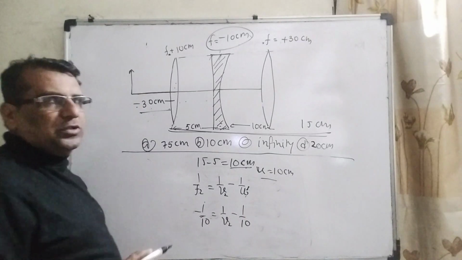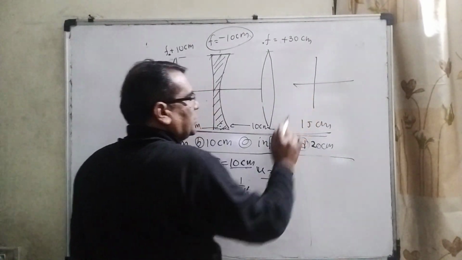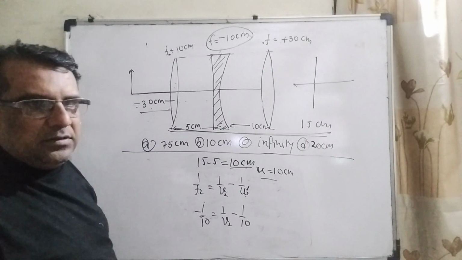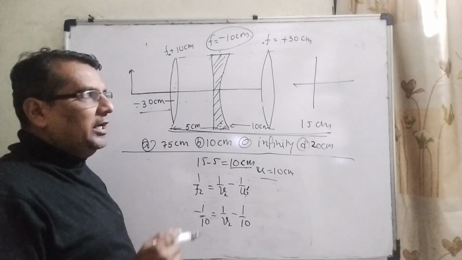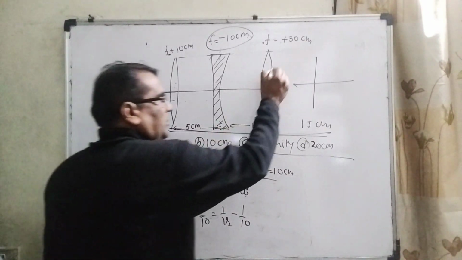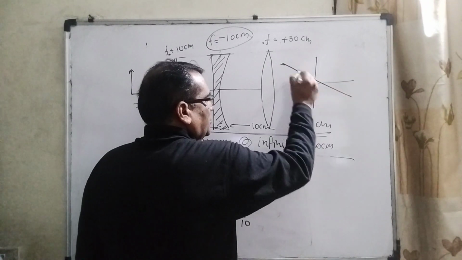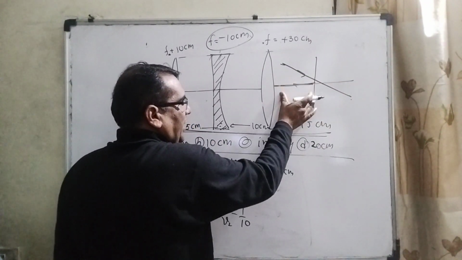According to the sign convention, distance measured along the ray is taken positive, and opposite to the ray direction is taken negative.